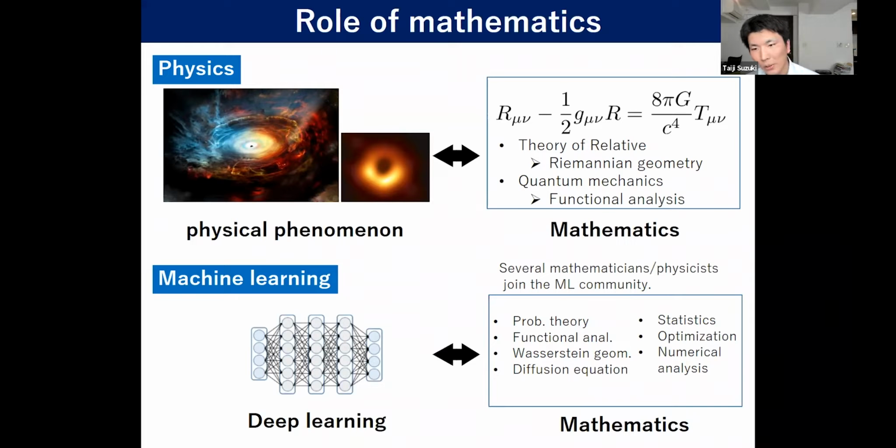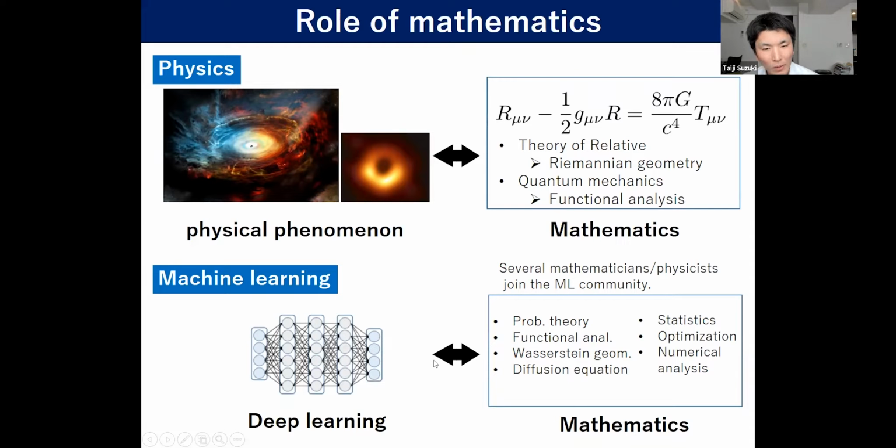According to such a development, new mathematical tools were also developed, like Riemannian geometry and functional analysis. This kind of relation is very similar to today's situation between deep learning and mathematics. We are observing many experimental results in deep learning research, but they could not be explained by classic statistical learning theories.